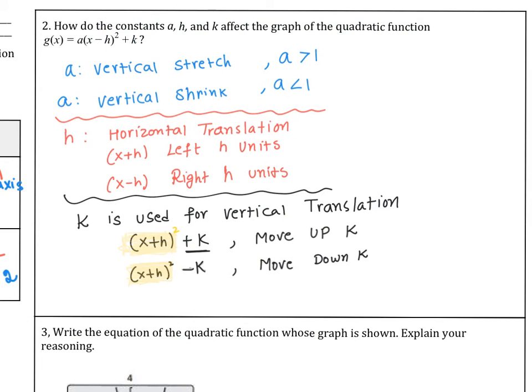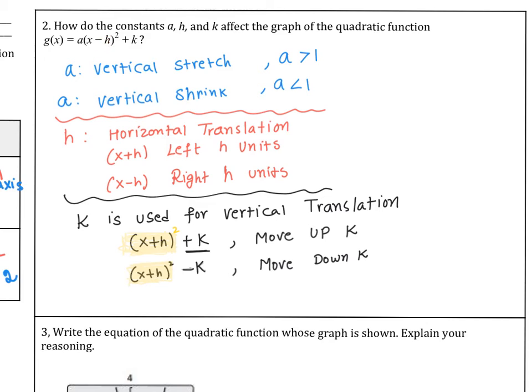Now let's discuss number 2. How do the constants a, h, and k affect the graph of the quadratic function g(x) equals a times (x minus h) squared plus k? So this a is used for vertical shrink and stretch. It is a vertical stretch if a is greater than 1, and it is a vertical shrink if a is less than 1.